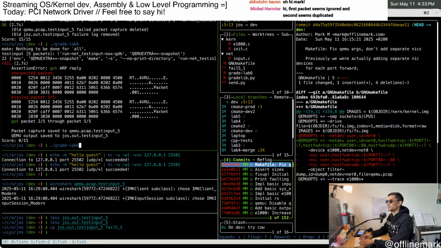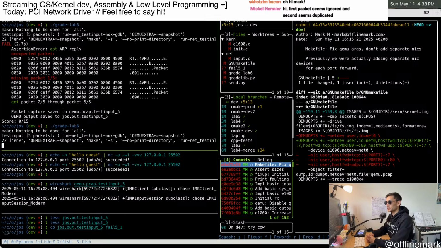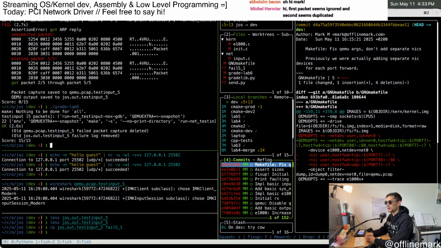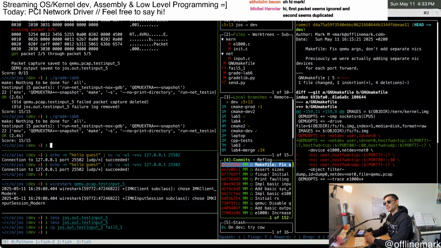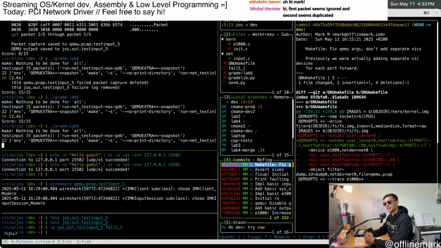If we run it again, it's going to pass. Yeah, so it just passed. So it is non-deterministically failing, which is always scary.